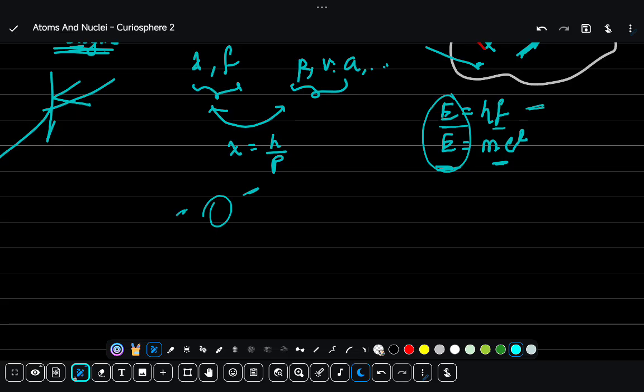He took this from Planck and this from Einstein and said, hf is equal to mc squared. f is a frequency, an attribute of a wave; m is a mass, an attribute of matter. So now I have created a relation between a wave and matter to say that not only radiation but matter also undergoes wave-particle duality.